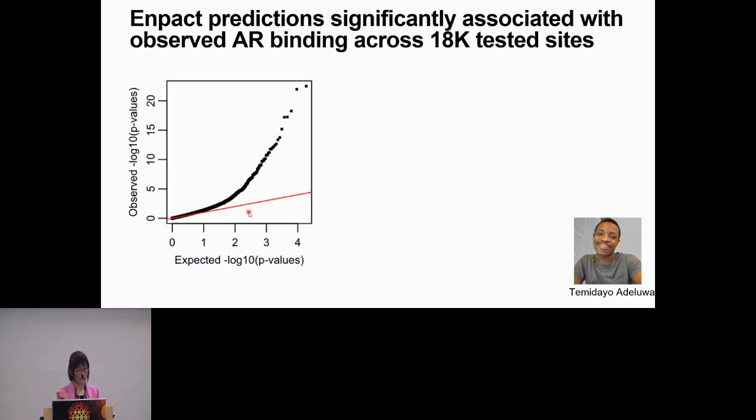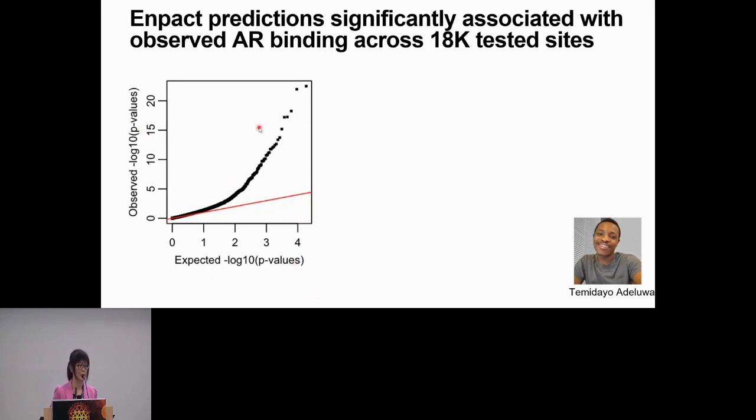We did this for 18,000 different sites for which our collaborators, Silvan Baccaral, had generated androgen receptor predictions based on population level data. The way to read this is that the x-axis is expected if there was no relationship between our prediction and the actual binding, and the y-axis is the observed p-values.